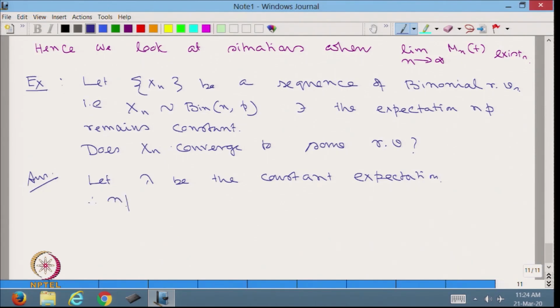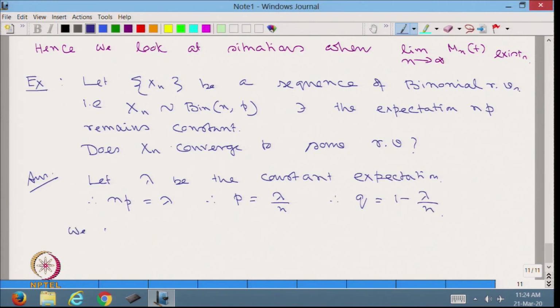Therefore, np is equal to lambda, therefore p is equal to lambda by n, therefore q is equal to 1 minus lambda by n.